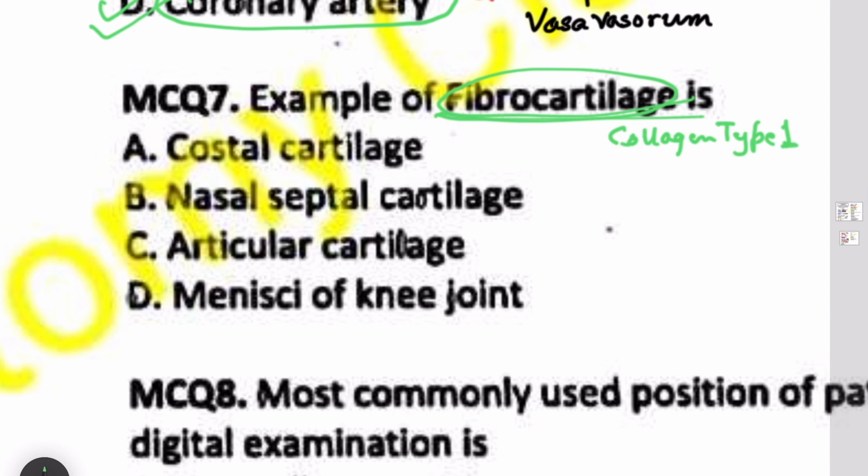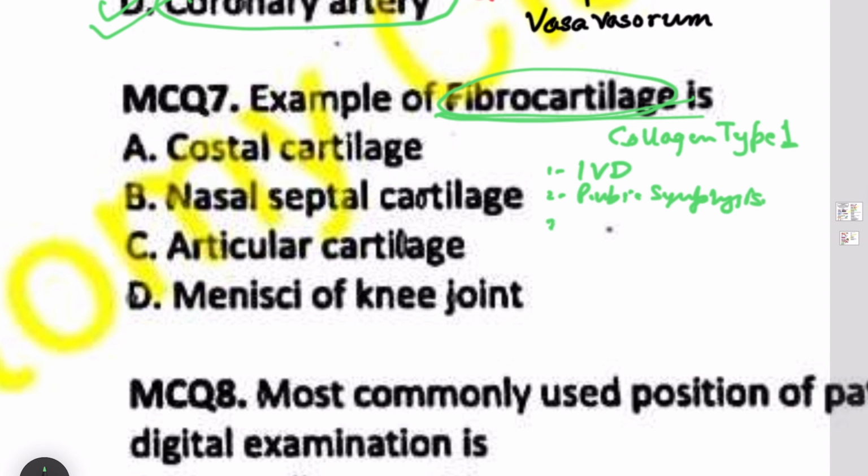The fibrocartilage examples you can learn up: one is the intervertebral disc. Then you have the pubic symphysis. The secondary cartilaginous joint is a feature where you have an articular fibrocartilaginous disc placed in between.